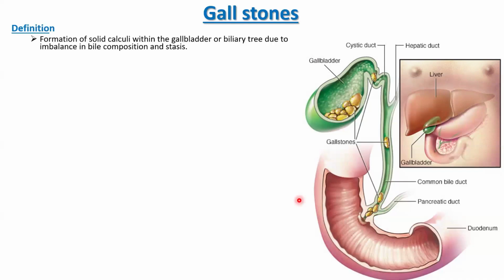So what are gallstones? Actually, it's a formation of solid stones or calculi within the gallbladder or the biliary tree due to imbalance of the composition of bile. If there is an obstruction of the common bile duct, there is obstruction of flow of bile from the gallbladder and also from the hepatic ducts, leading to precipitation and formation of gallstones.